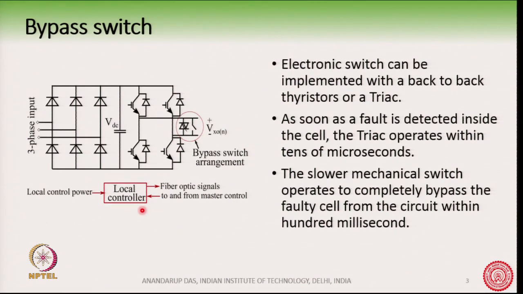At a later point of time, if there is a severe fault, say in the cell, then it is possible for the main controller to also bypass the whole cell with the help of the bypass switch arrangement.